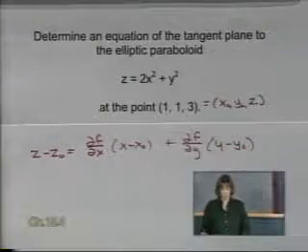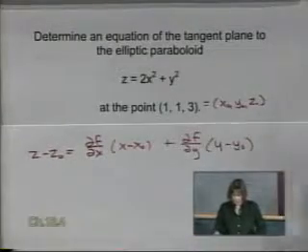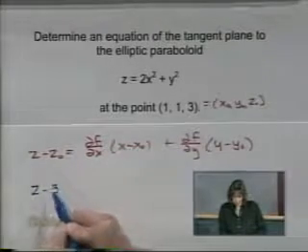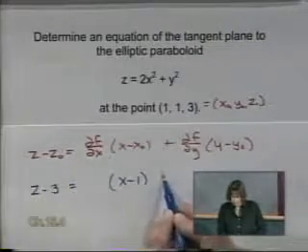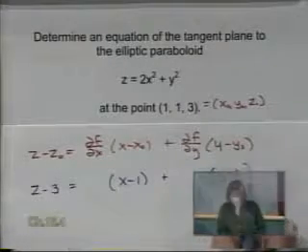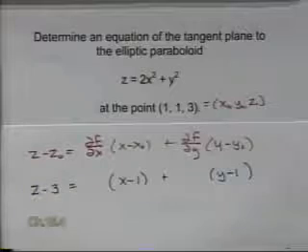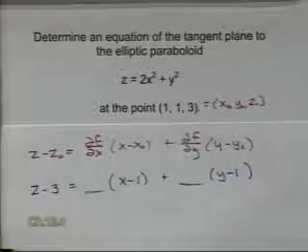That's our equation that we're going to plug in. We already know x naught, y naught, and z naught, so I can put that part in. My z naught's 3, x naught's 1, y naught's 1. So I have these two things yet to fill in.